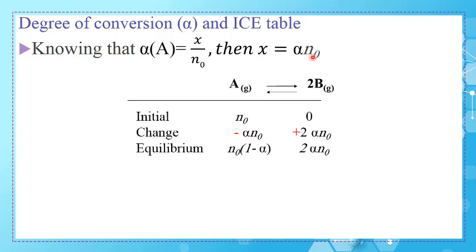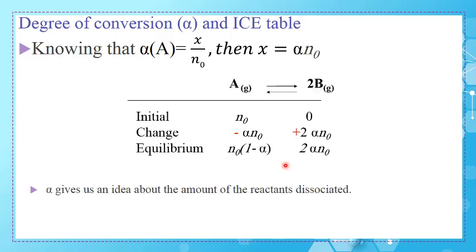Now X will be replaced by alpha N0, drawn from this formula. So instead of X, we will write simply minus alpha N0, and here plus 2 alpha N0. At equilibrium, it will be N0 minus X, meaning N0 minus alpha N0, and we will take N0 as a common factor. And this will be the number of moles of B at equilibrium.